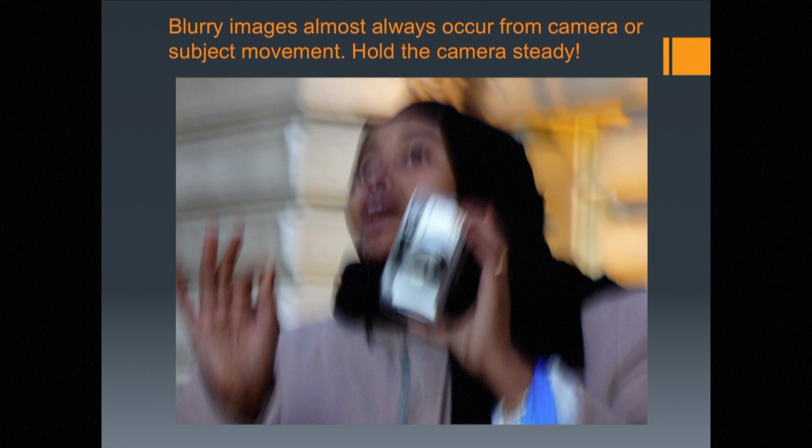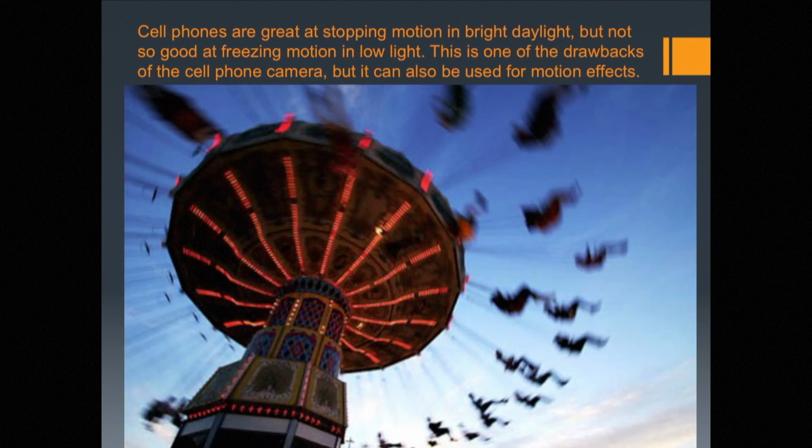Now, cell phones are great at stopping action in bright daylight, but not so good at freezing motion in low light. So this is what you can expect if there's a moving subject in low light. That's one of the drawbacks of a cell phone camera: you really don't have the ability to stop action in low light.